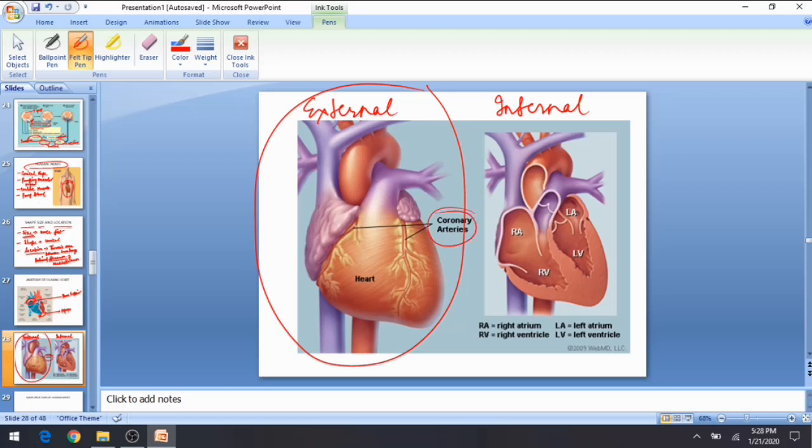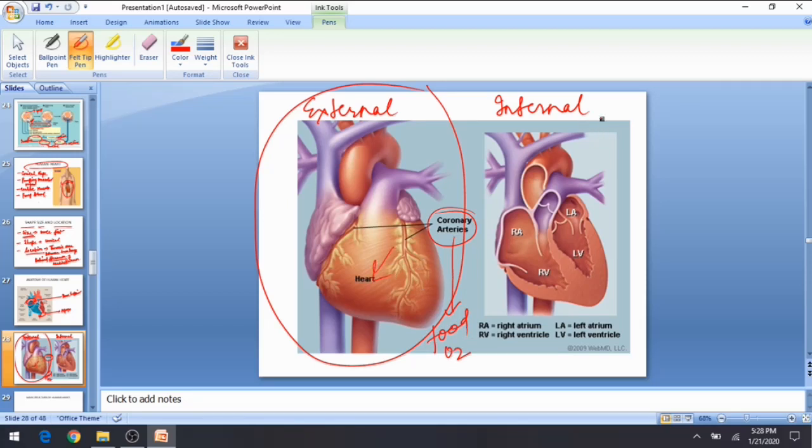Here I have marked these outer vessels as coronary arteries. Coronary arteries are specific blood vessels useful for supplying food and oxygen to the heart.